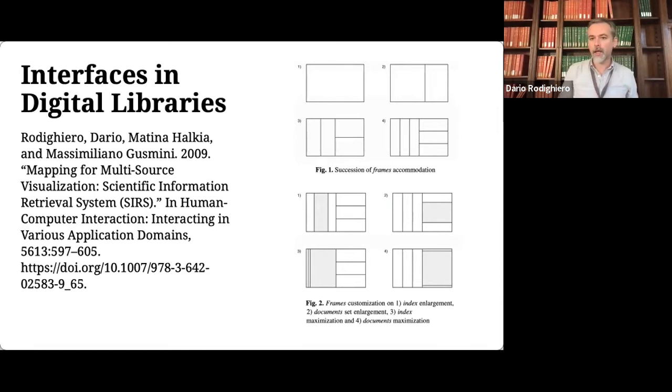And I was working like a researcher to try to organize the content in different ways. And in part, my work is still related to this. So let's say that I was interested in transforming information, organizing information visually. And the first way of organizing information was through interface design.